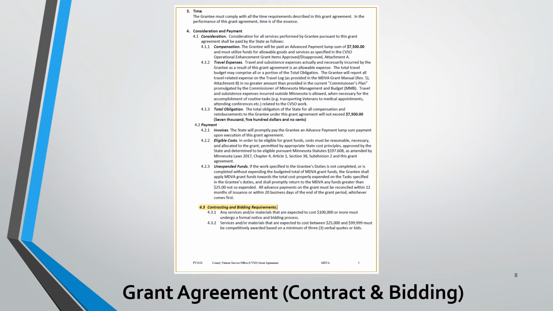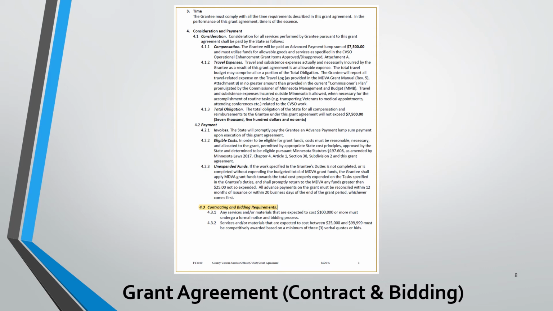In every MDVA grant agreement, there is a section, section 4.3, labeled Contract and Bidding, and it lists all the requirements around bidding when a budget item exceeds certain dollar amounts.